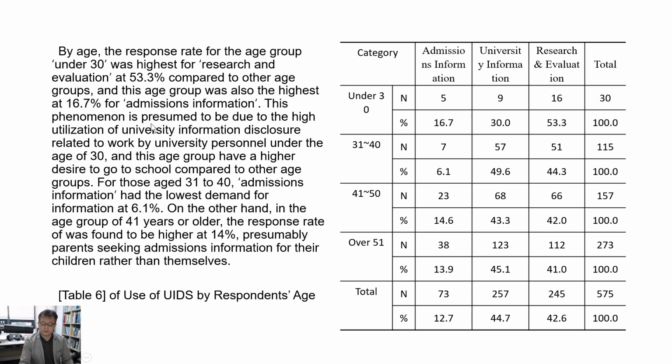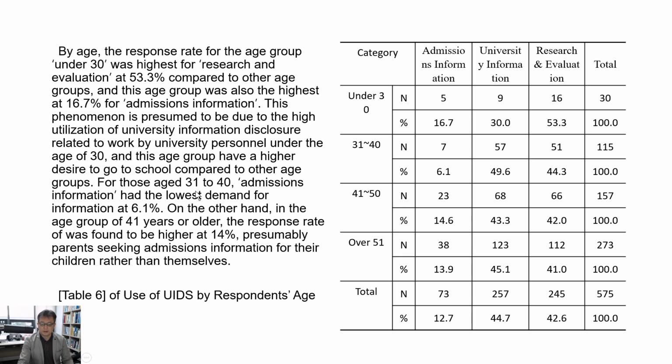This phenomenon is presumed to be due to the high utilization of university information disclosure related to work by university personnel under the age of 30, and this age group has a higher desire to go to school compared to other age groups.